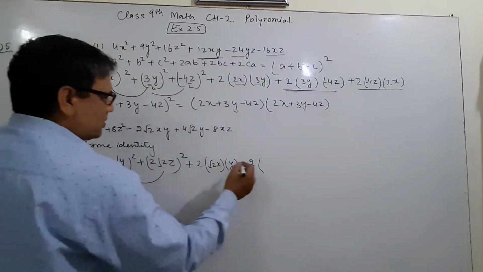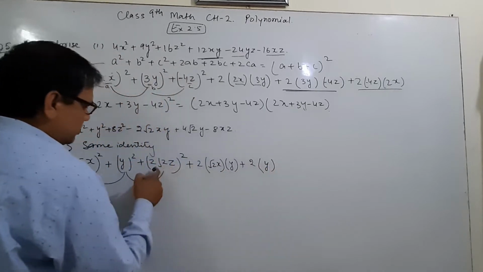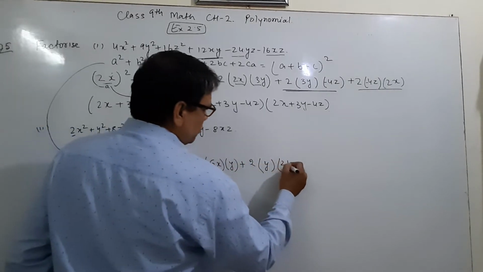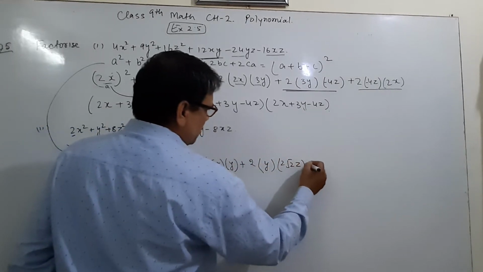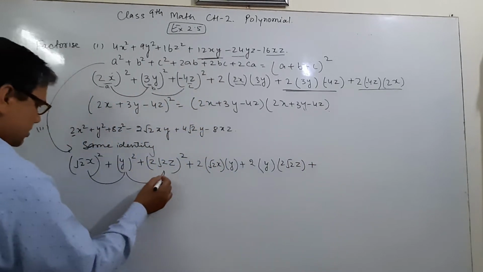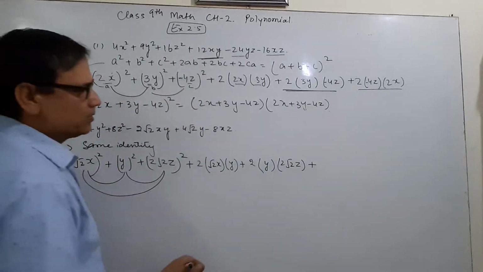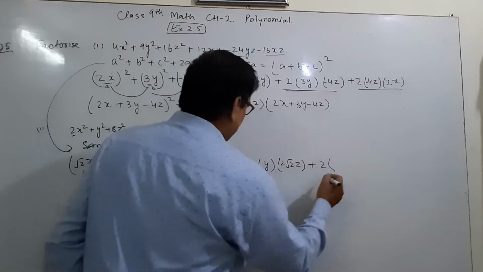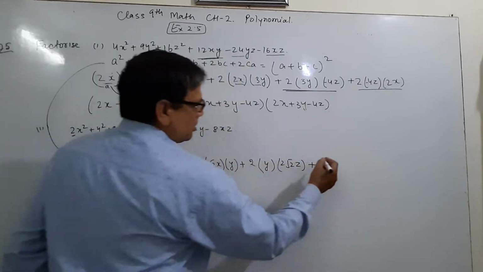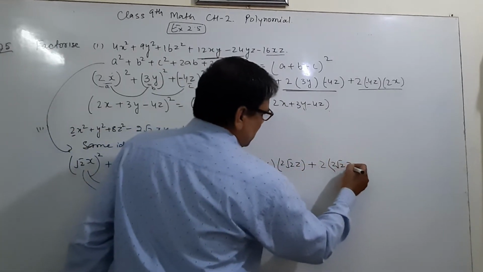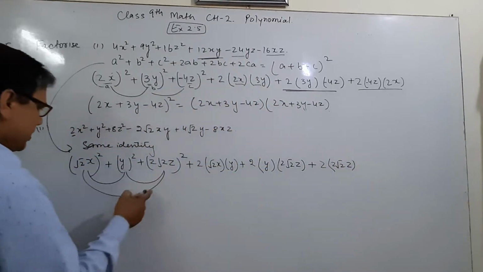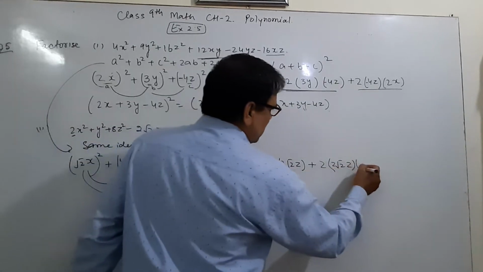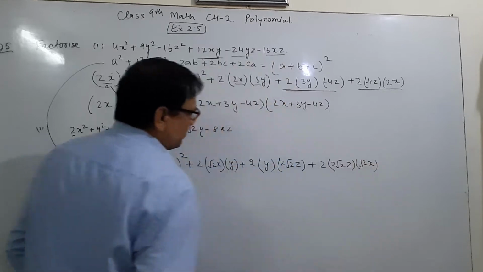Y. And c is 2 root 2 z. Plus 2ca. What is c? 2 root 2 z. What is a? Root 2x. Now apply the formula.